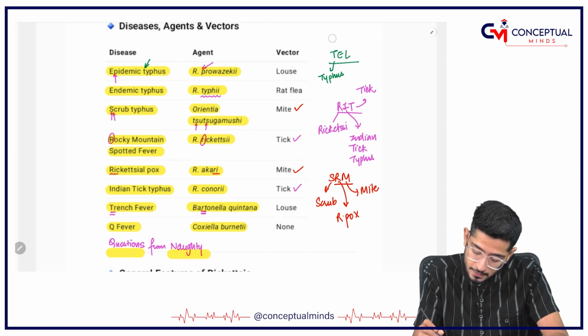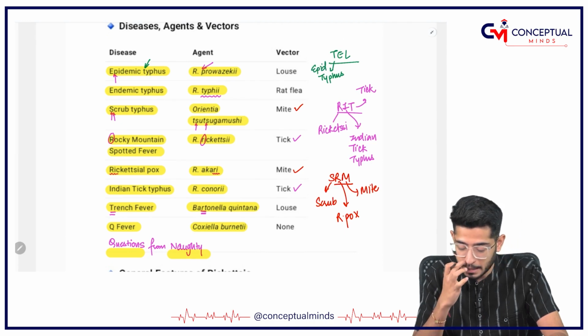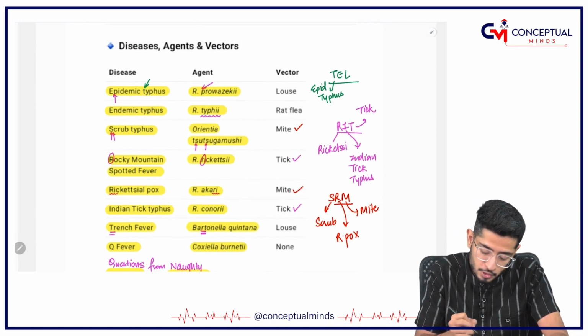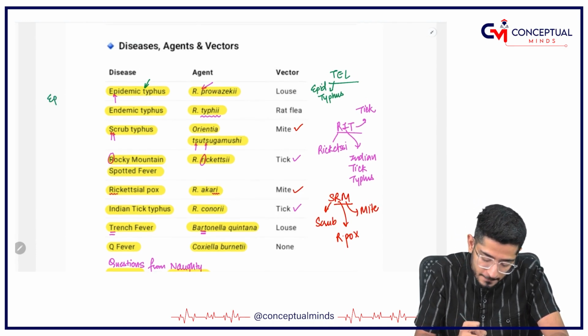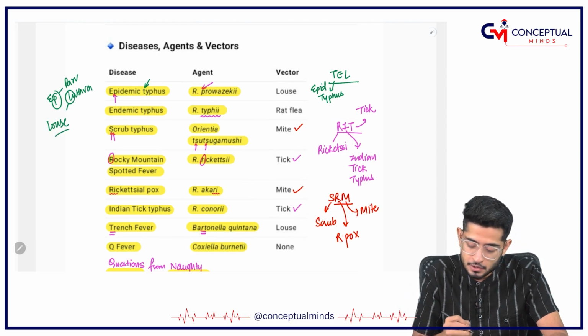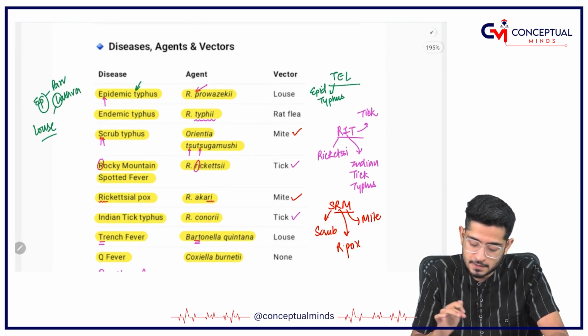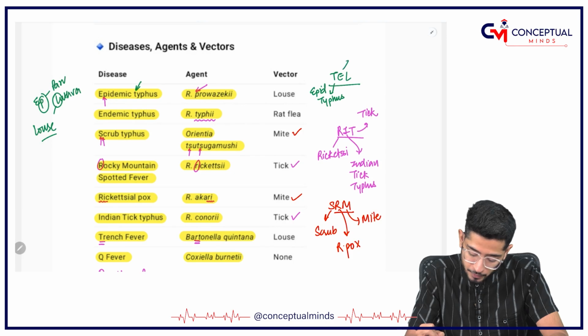The epidemic typhus, okay. I know it is difficult to remember which one, so remember epidemic, epi, P for prowazekii, and L for louse. L is important because L has louse, so definitely louse is with epidemic typhus.